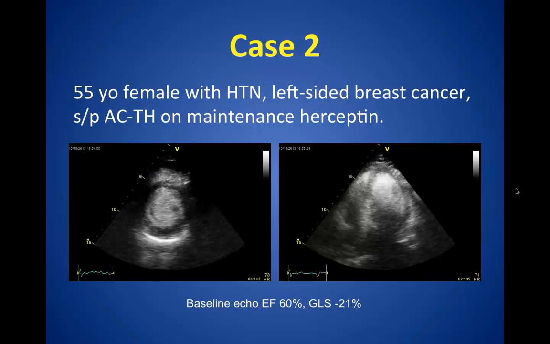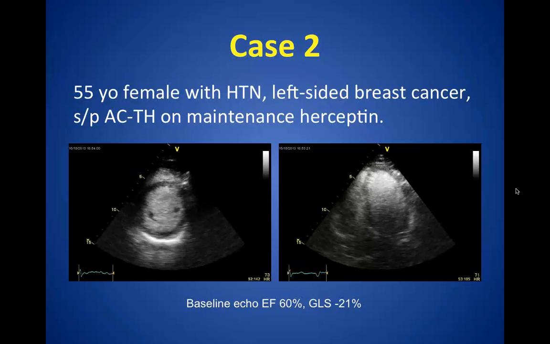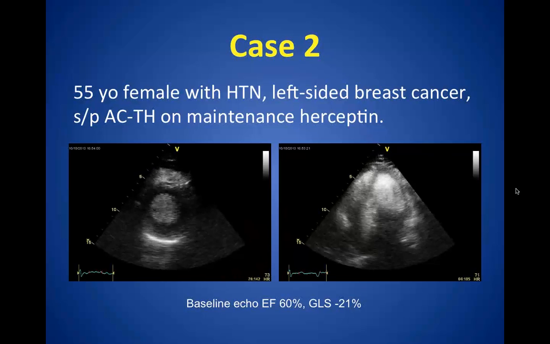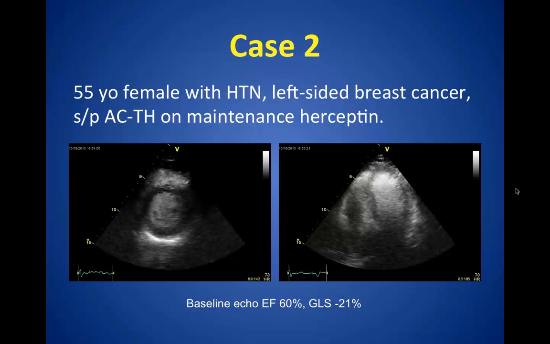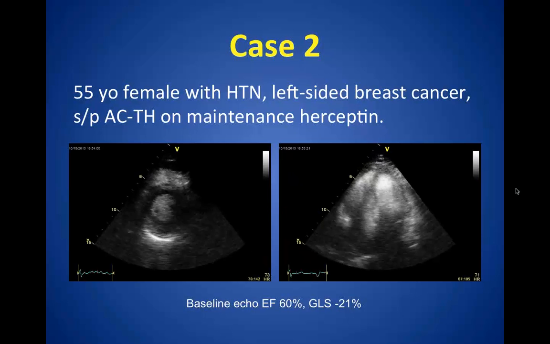And so her baseline echocardiogram shows completely normal ejection fraction, 60%, normal global longitudinal strain of -21%. And here the patient has been given contrast to highlight the endocardium and give us a better assessment of her heart function.